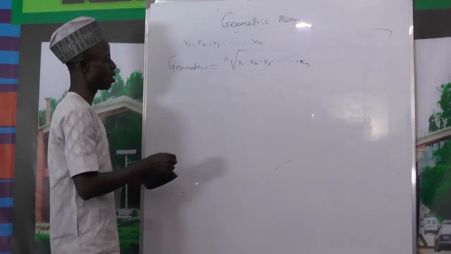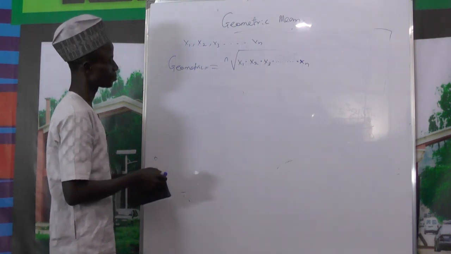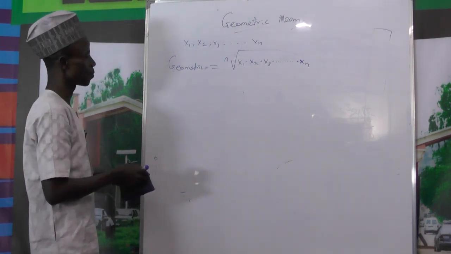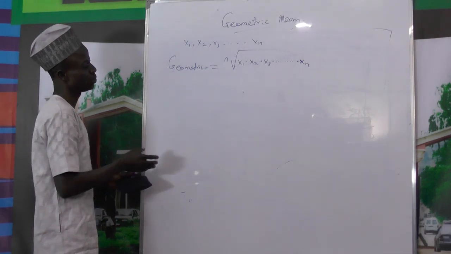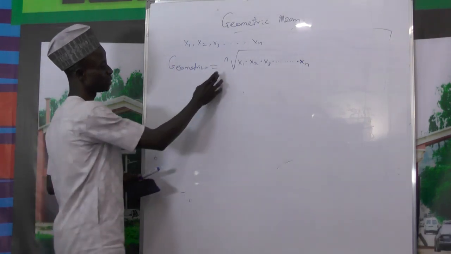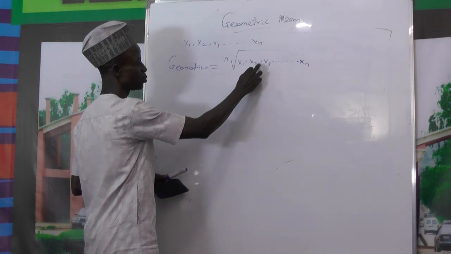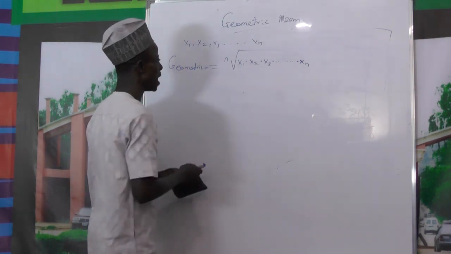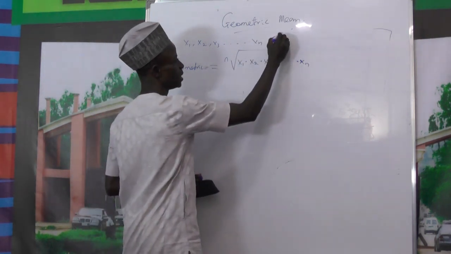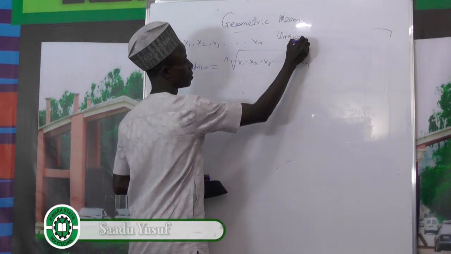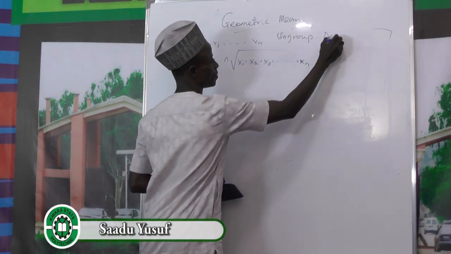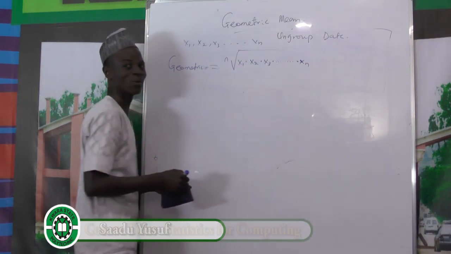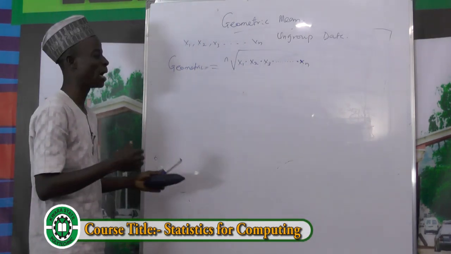So this can also be written as, let's look at it, the nth root of x1 multiplied by x2 multiplied by x3, and this is when we are having ungrouped data. For all our explanation, we will be talking about the grouped data and the ungrouped data.